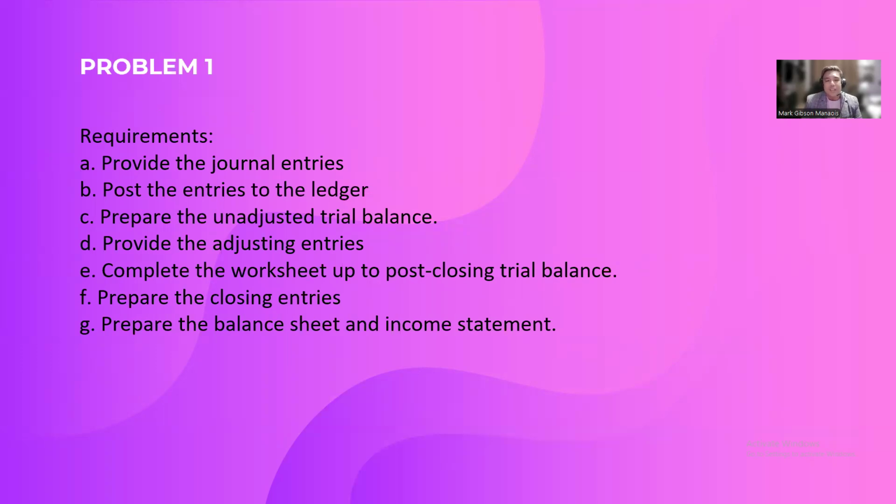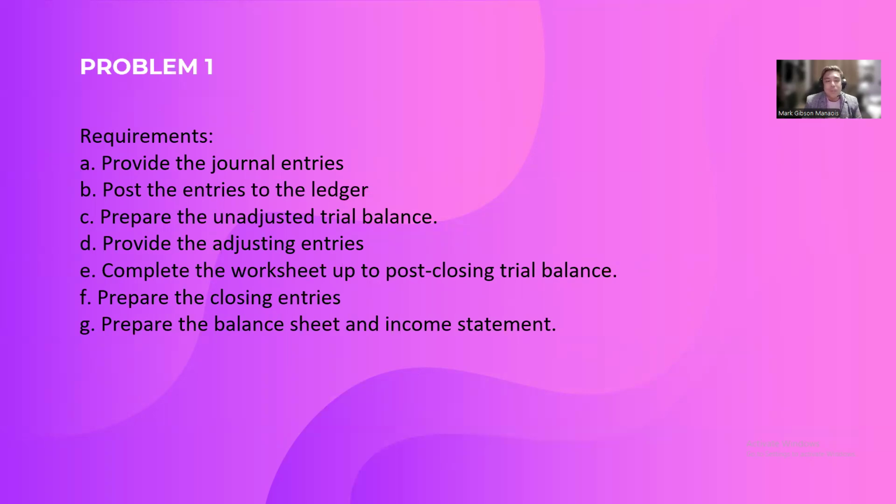So for discussion purposes, we'll just prepare the accounts and then prepare the unadjusted trial balance, provide the adjusting entries, complete the worksheet up to the post-closing trial balance, and then we're going to prepare the closing entries. And then finally, we'll prepare the balance sheet and income statement.